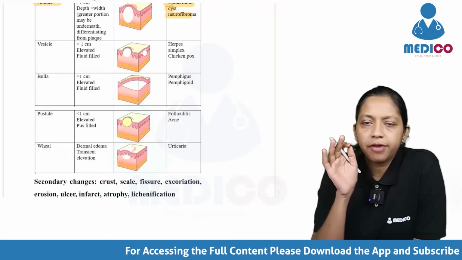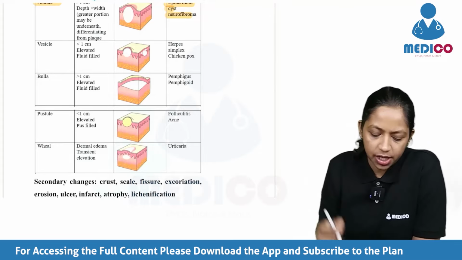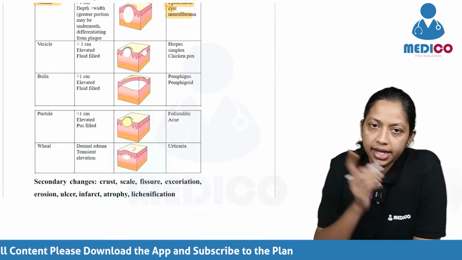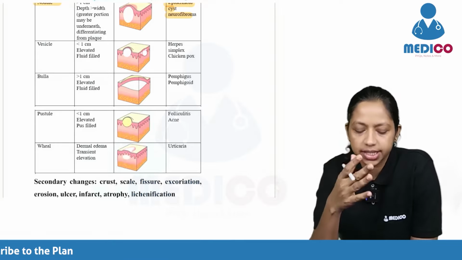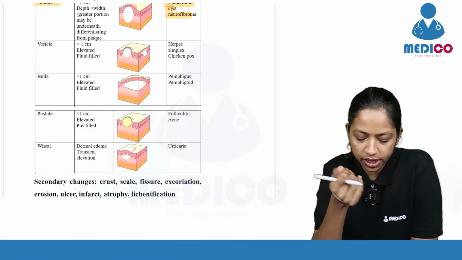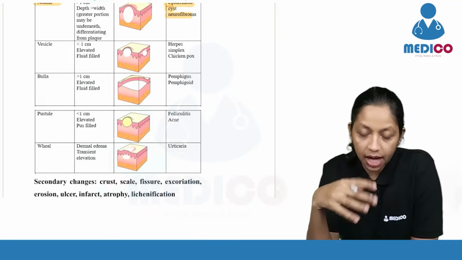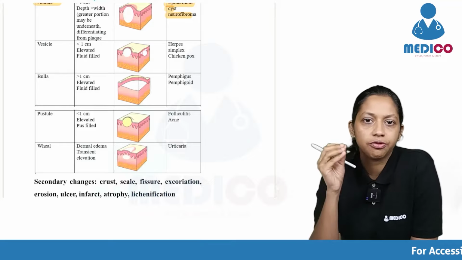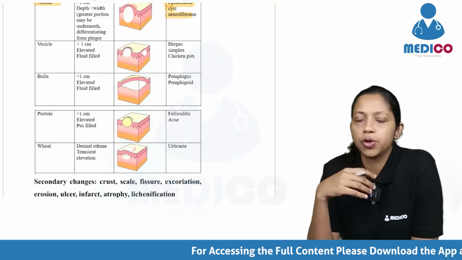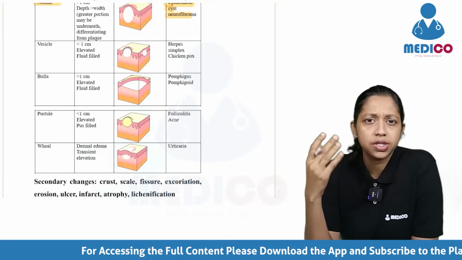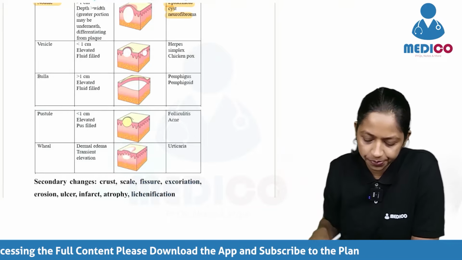Now coming to fluid-filled lesions, we have three lesions. A vesicle and a bulla are again brothers, differentiated based on the size of the lesion. If it is less than 1 centimeter, it is a vesicle. If it is more than 1 centimeter, it is a bulla. And what is common between both? It is filled with fluid. But if it is filled with pus, we would call it a pustule, and pustules are usually less than 1 centimeter.